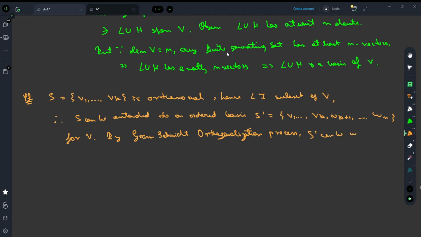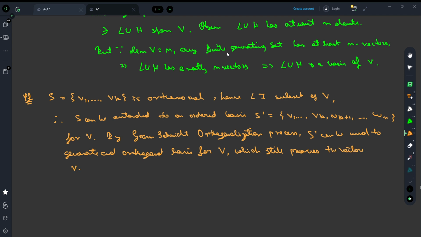what we have is that S dash can be used to generate an orthogonal basis for V, which still preserves the vectors V1 till Vk, because they are already orthogonal.